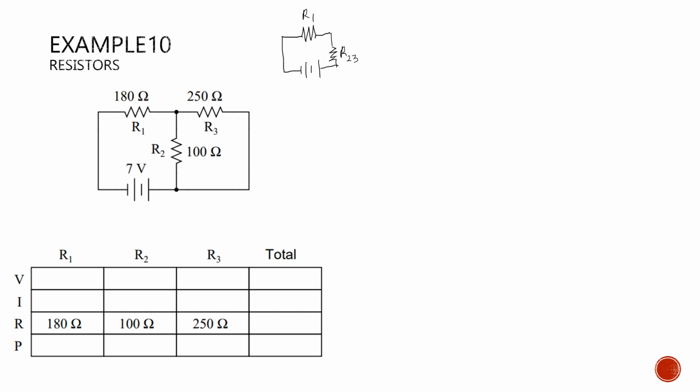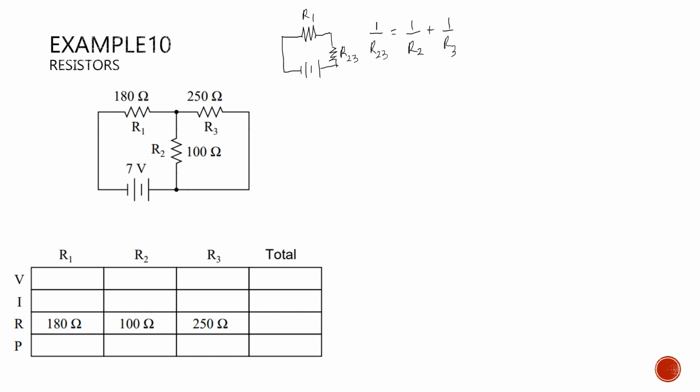R2 and R3 are connected in parallel to the supply, to the battery. So the reciprocal of R23 is 1 over R2 and 1 over R3.